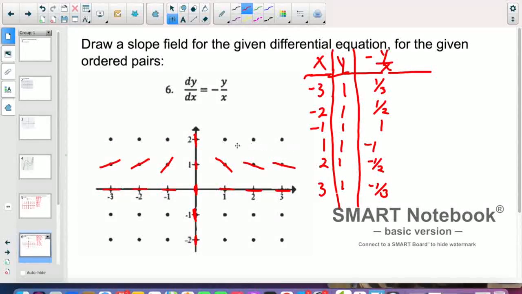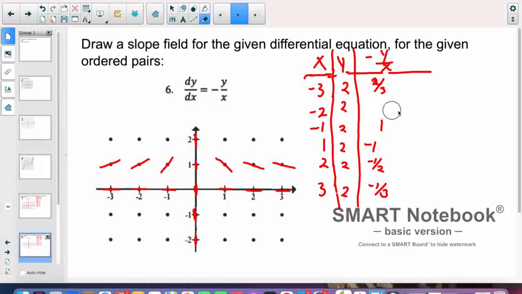Let's go up here to the 2 line. These are now going to be 2s, and let's think about how that affects things. This would be a -2 over -3, so wouldn't that be a positive 2/3? This would be a -2 over -2, right? So this is going to be a positive 1. This would be a -2 over -1, which would be a positive 2.